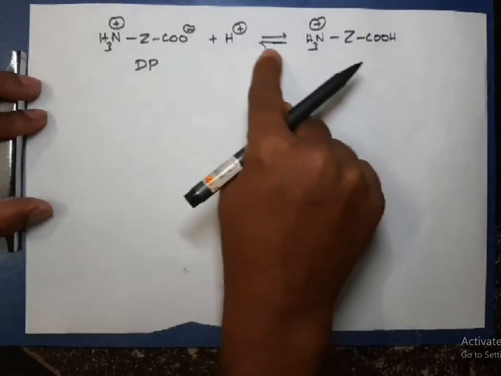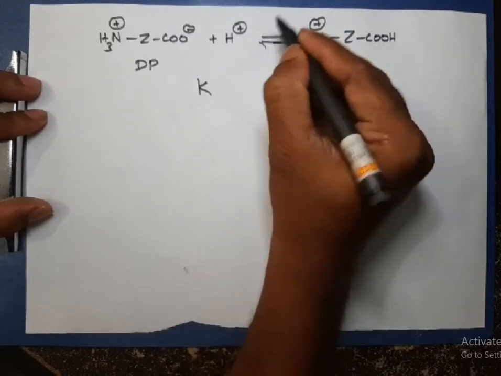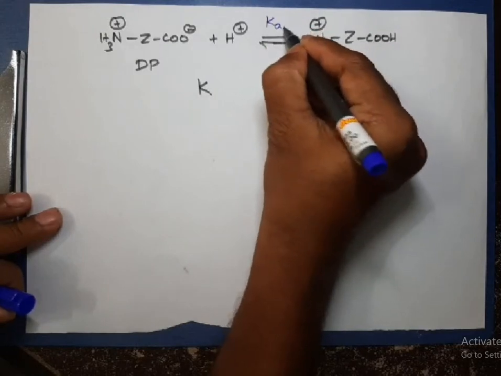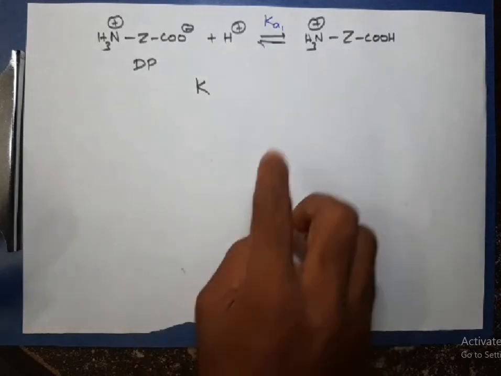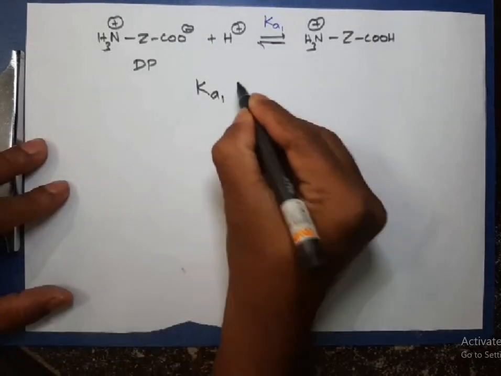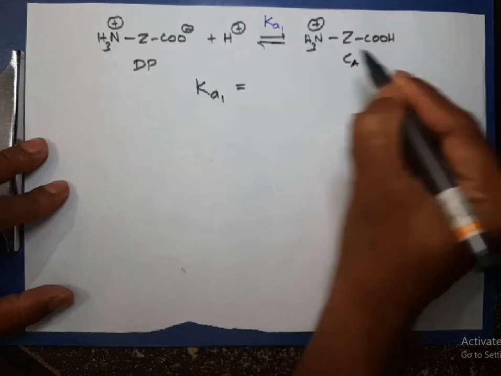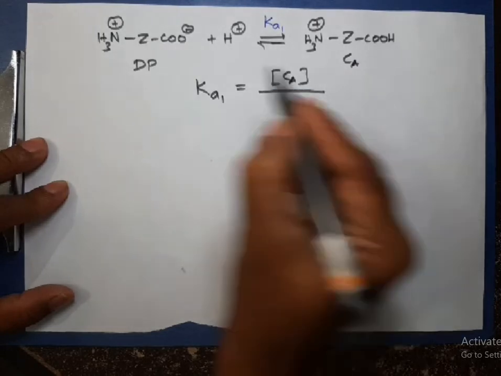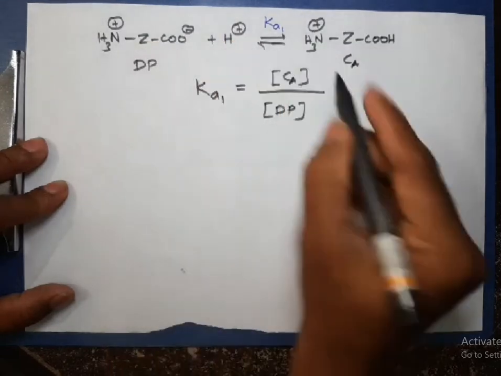Now you have an equilibrium, so how do we calculate the equilibrium constant? Let me take the equilibrium constant for this reaction as Ka1. So what is Ka1? Ka1 equals the concentration of the conjugate acid divided by the concentration of the dipolar ion Dp and the concentration of H plus.